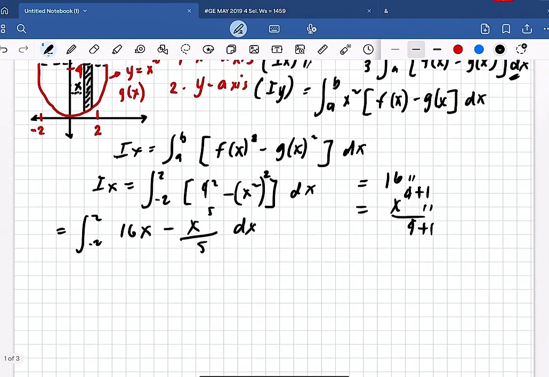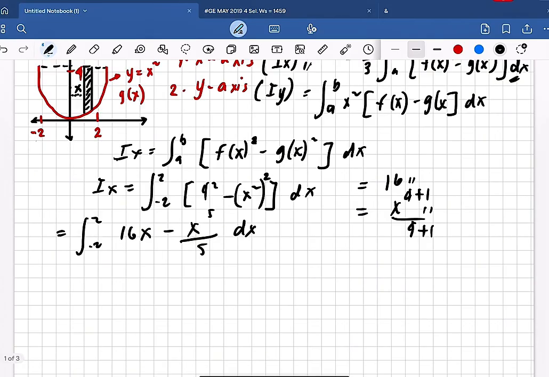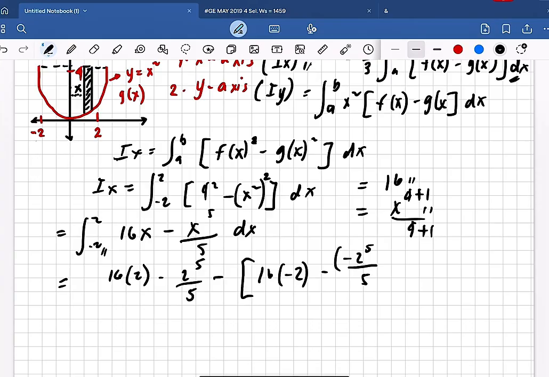Next, let's substitute the value of the limits. So 16 multiplied by 2, minus 2 raised to 5 over 5, minus the value at the lower limit, which is 16 multiplied by negative 2, minus negative 2 raised to 5 over 5.